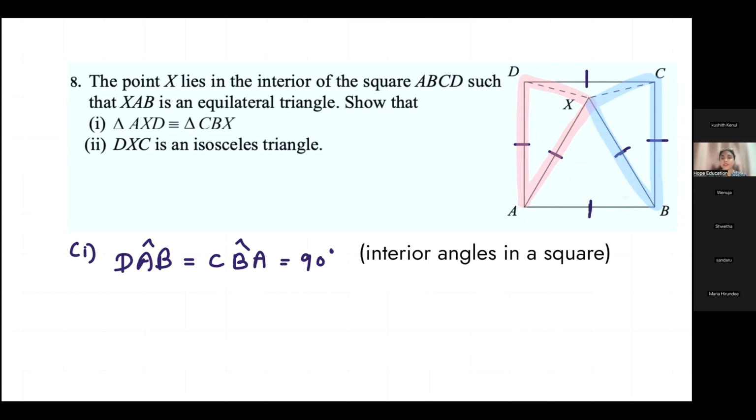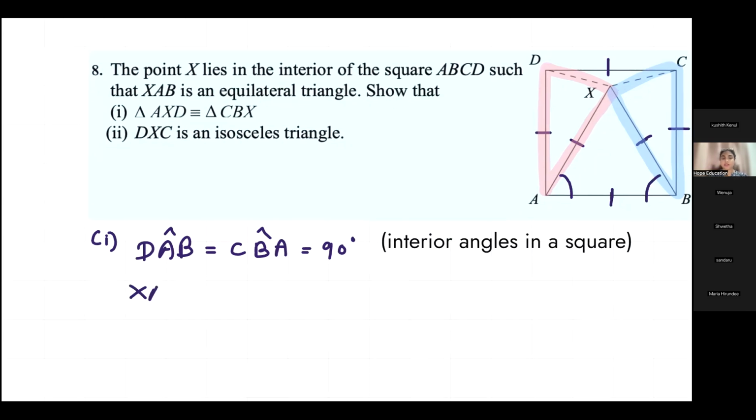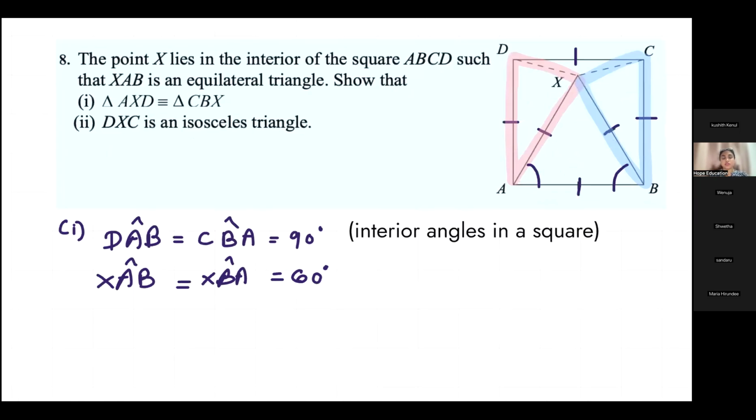Then we also know that XAB and XBA are also equal. What would be the value of XAB and XBA? 60 degrees. Why? Because it's an equilateral triangle. In an equilateral triangle, all the interior angles are equal. So, interior angles of an equilateral triangle.